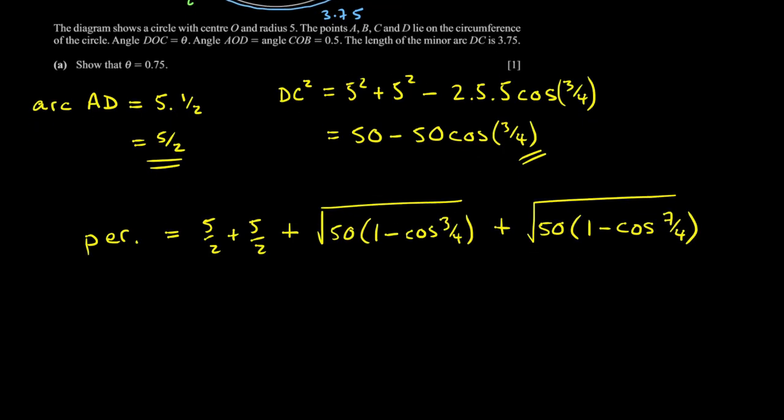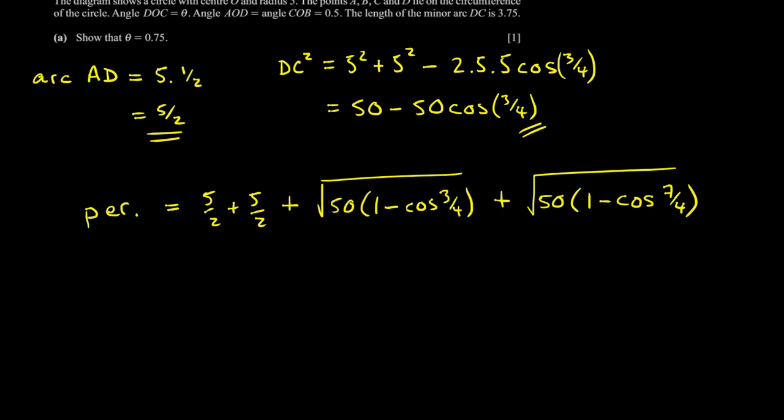All right, so I'm going to key all this into a calculator, basically. So, I've got to make sure my calculator is set to radians first. That would be an intelligent thing. Radians, okay. So cos 0.75, okay. 1 minus that equals times by 50 equals, and then square root that answer.